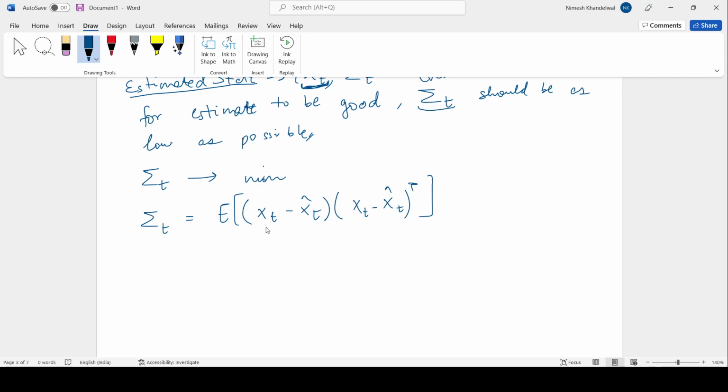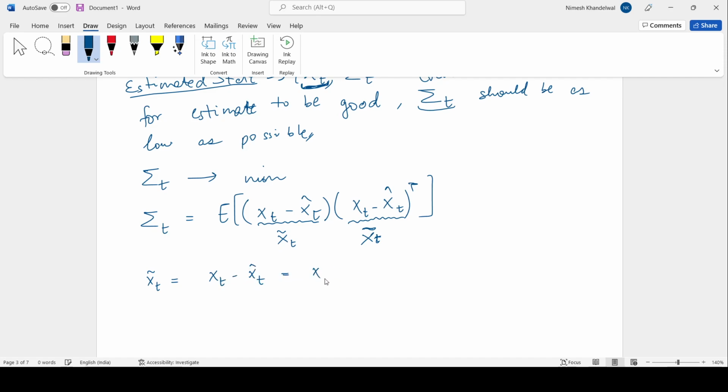You can call this quantity the error in x, the difference between the actual value and the predicted value. So I'll call it x tilde. What is x tilde of t? It is x of t minus x hat of t.